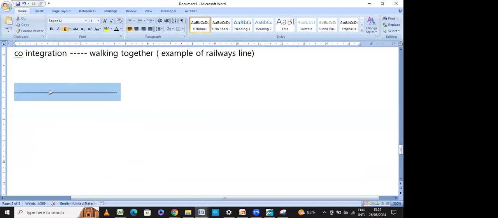So any variables which are walking with each other for a long period of time, we simply say those variables are co-integrating. They are walking with each other. This is the meaning of co-integration.